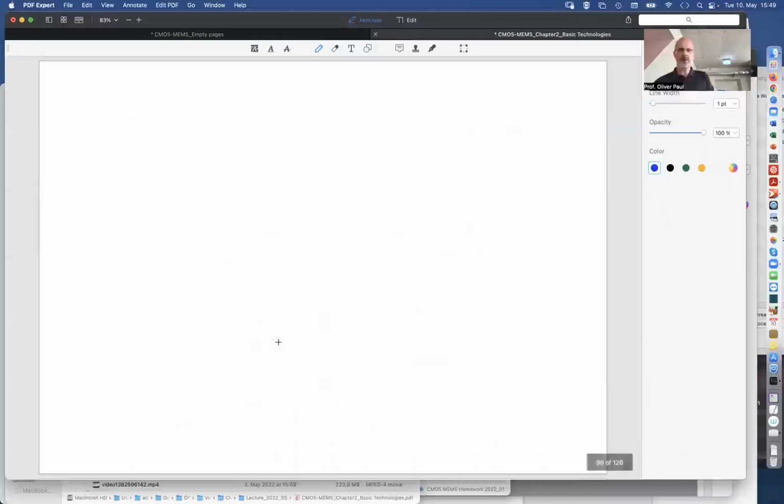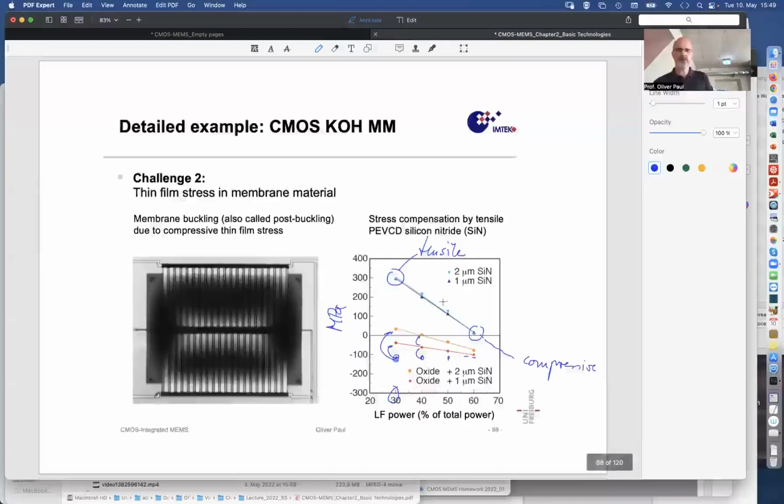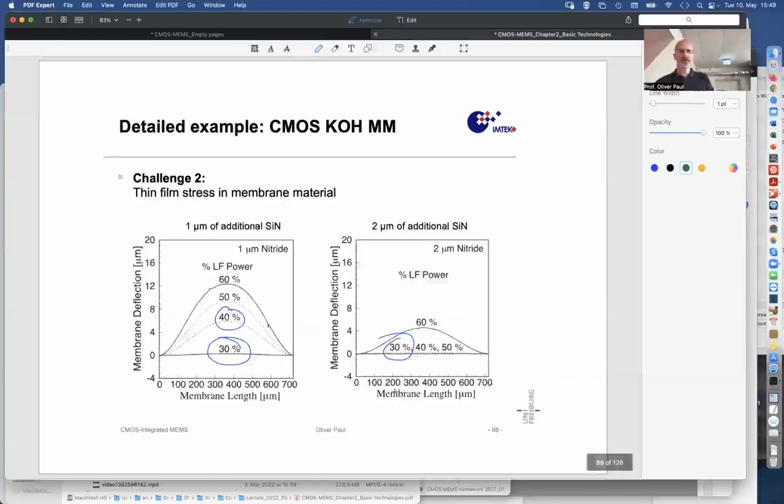40% LF power, let's make that green, so this and this, 1 and 2 micron thick compensation. Well, in the case of 1 micron compensation, it did not make the membrane flat, but with 2 micron it did.